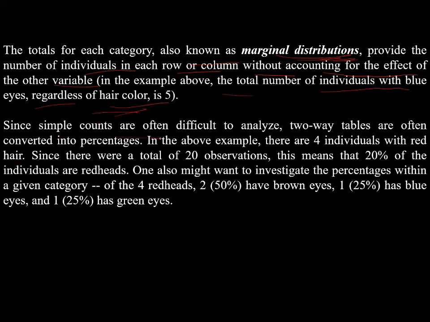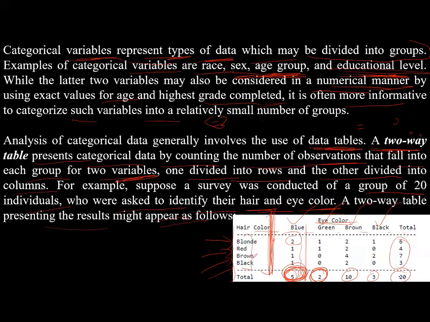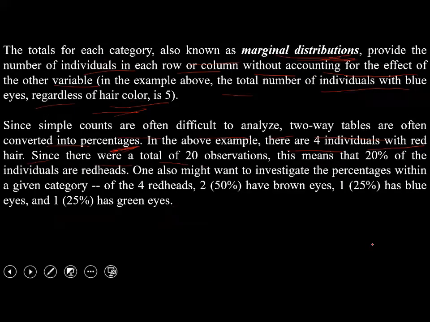Since simple counts are often difficult to analyze, two-way tables are often converted into percentages. In the above example, there are 4 individuals with red hair, and since there are only a total of 20, we can represent that as 4 out of 20, which is 20%.